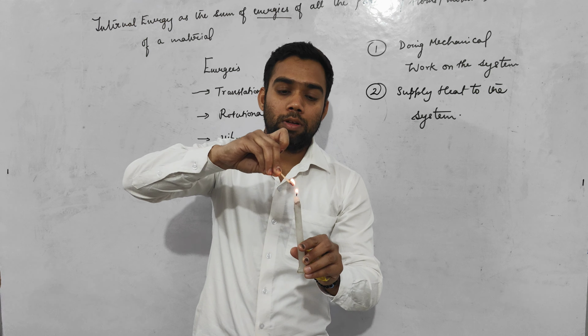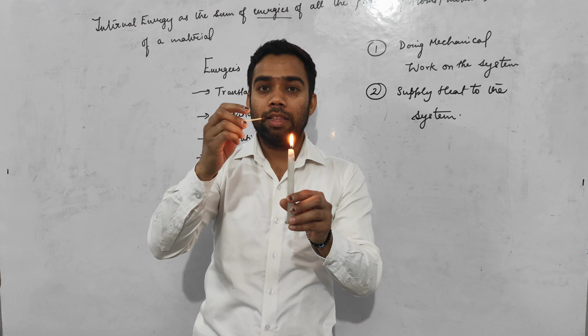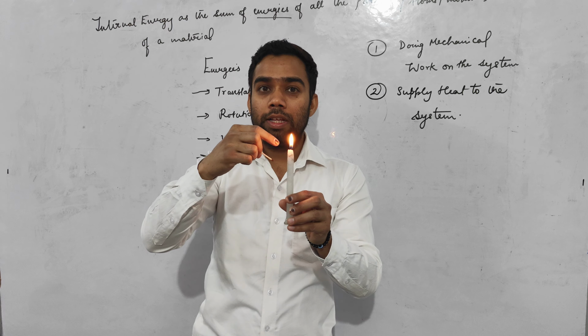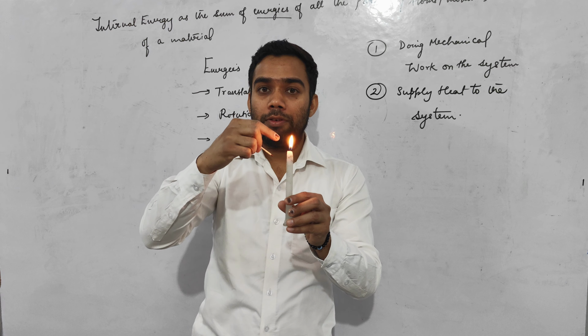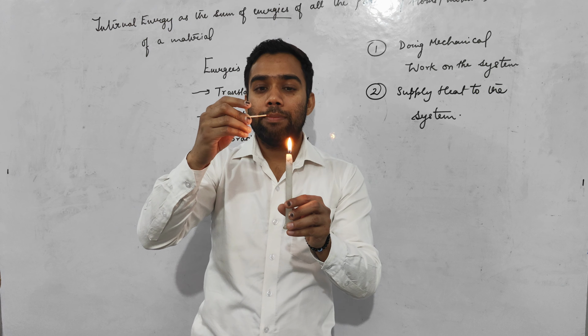Now when I put this matchstick on the top of the candle, this flame of the candle is at high temperature. The surface and the chemicals of the matchstick are at low temperature. So naturally there is a flow of energy from the flame to the surroundings, and from the surroundings to the chemical of the matchstick.